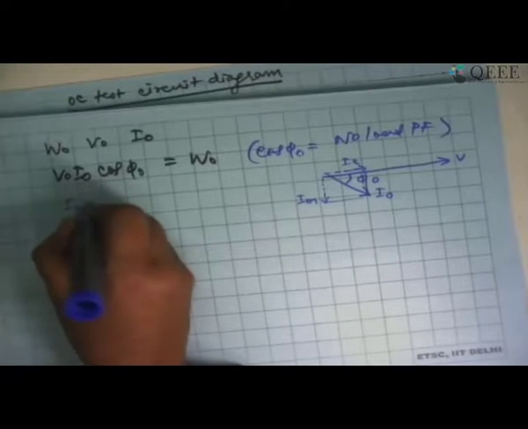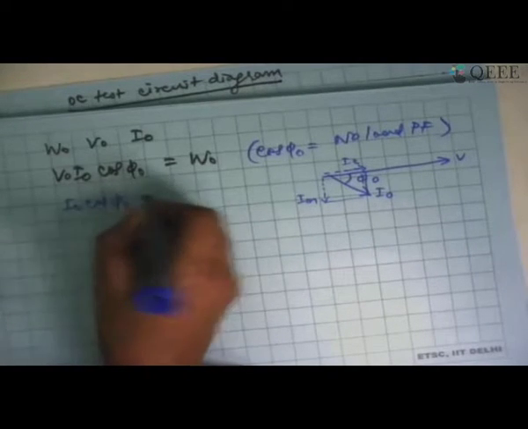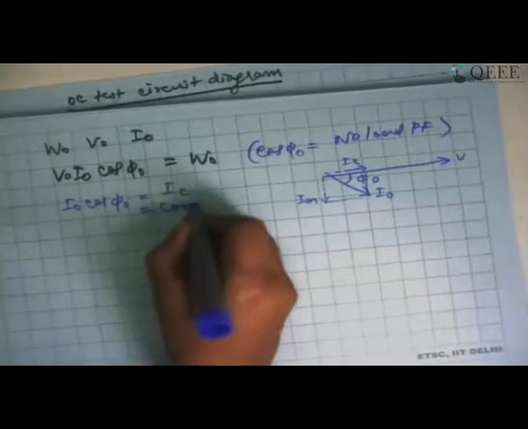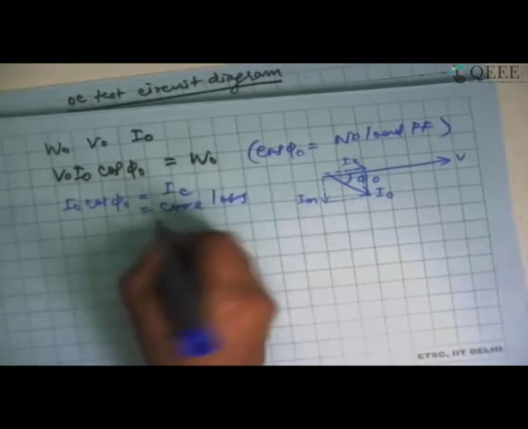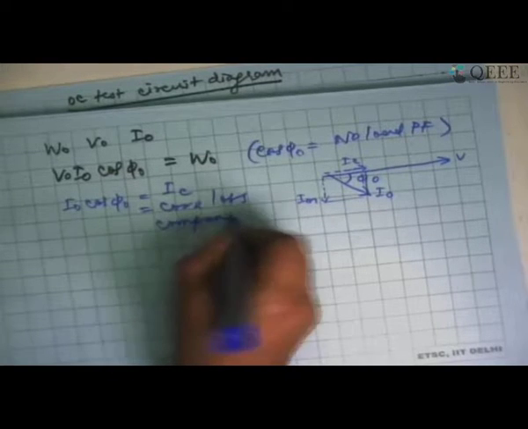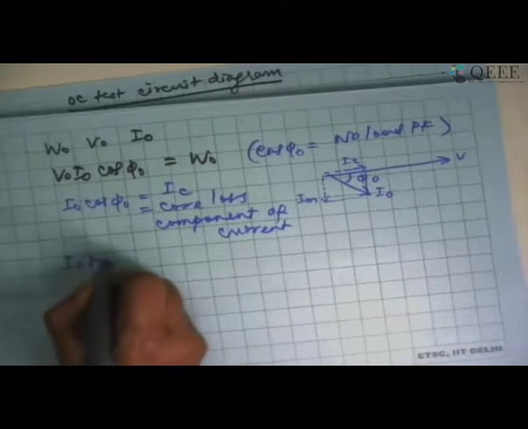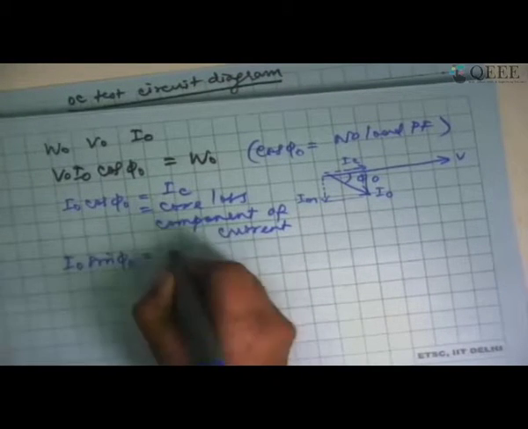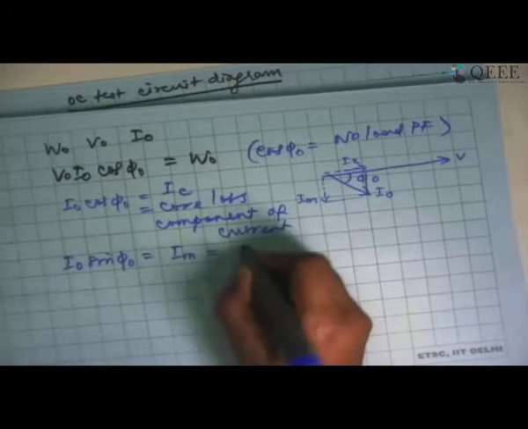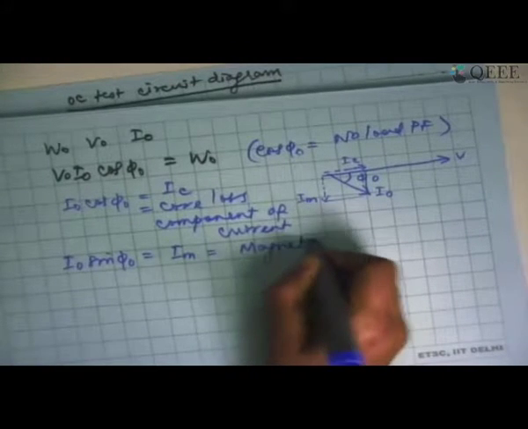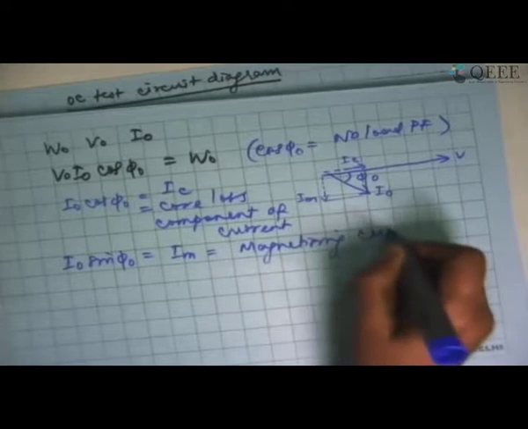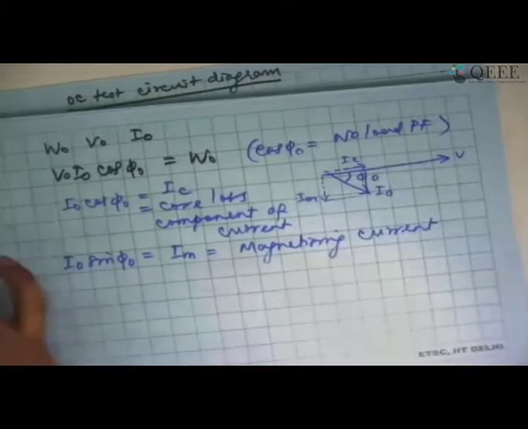So I0 cos phi naught will give me Ic, the core loss component of current, and I0 sin phi naught will give me Im, which is the magnetizing current.